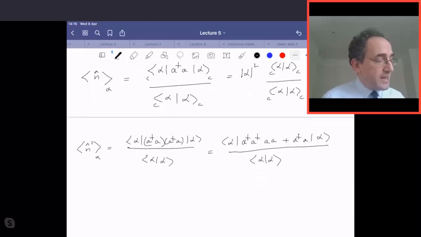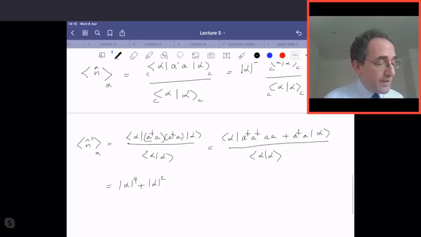So once I'm here, I can take the two A daggers, apply them to the left on the alpha, and get alpha stars. The A's on the right get alphas, and I end up with absolute value alpha to the fourth plus absolute value alpha squared.